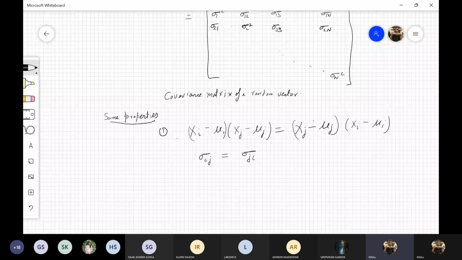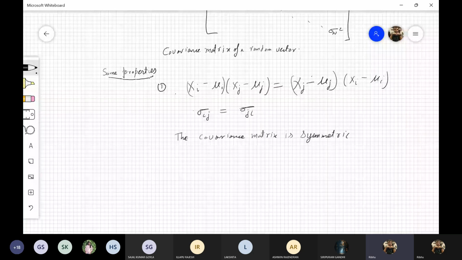So the first property is that the covariance matrix is symmetric.